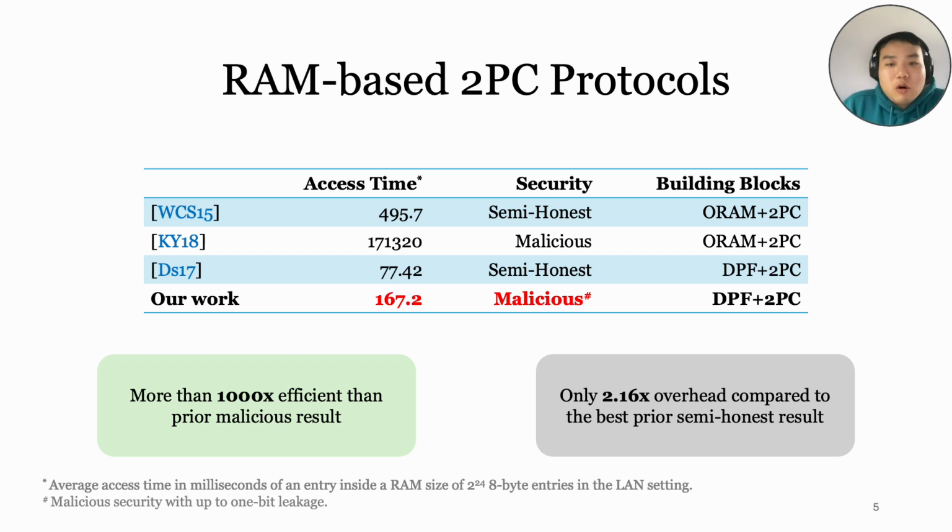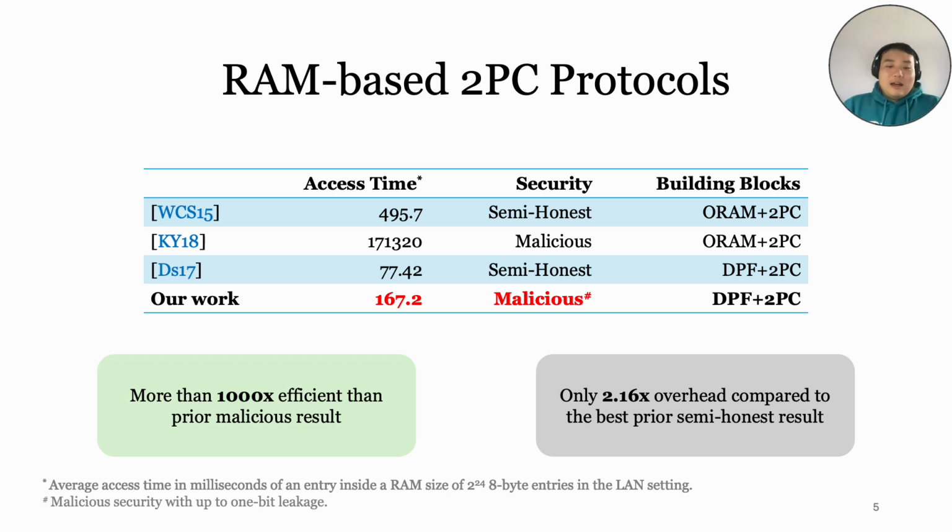Recently, another line of work has been done to solve the RAM-based 2PC problem, and we name it DPF plus 2PC. It uses a distributed point function to convert a private index to the corresponding position in the memory, then designs some custom protocols to achieve the whole RAM-based 2PC protocol.